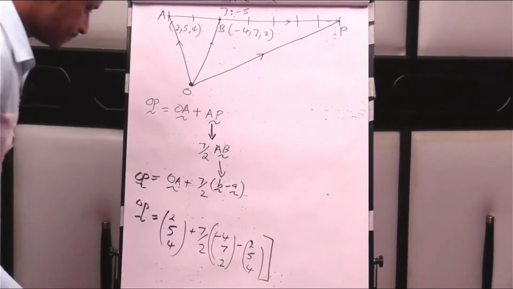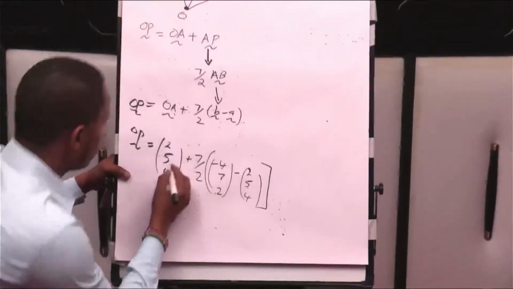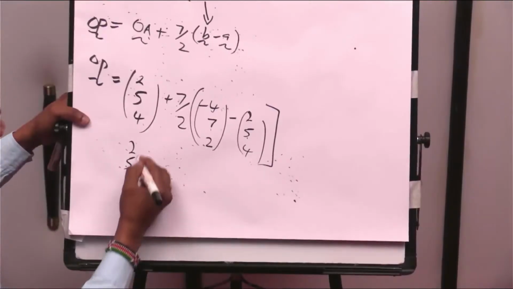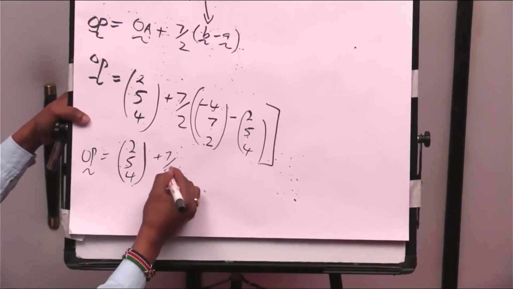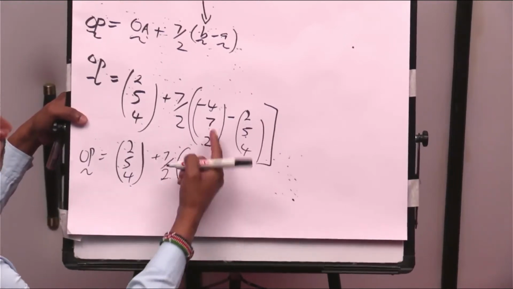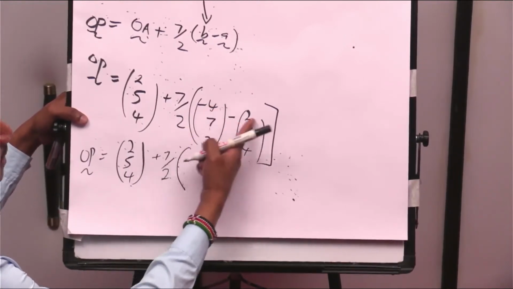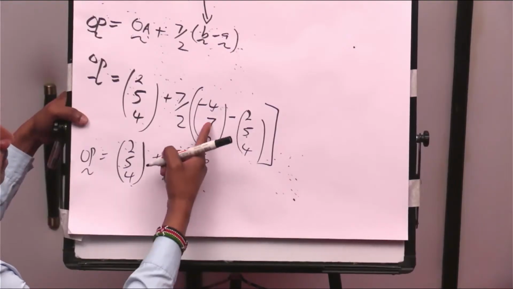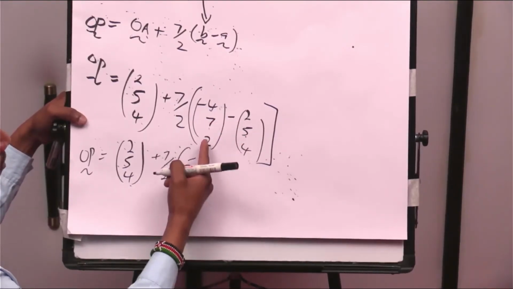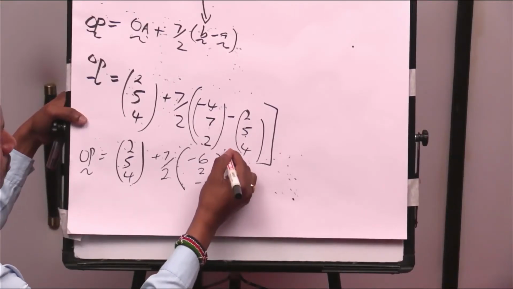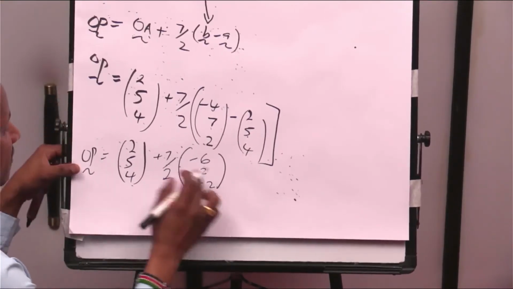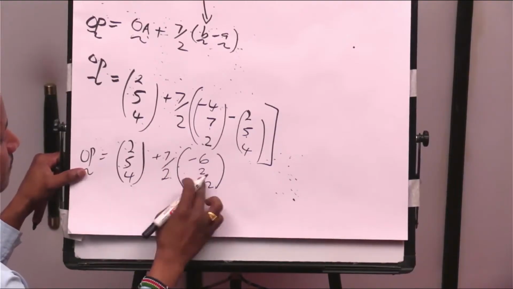From here, 2, 5, 4 plus 7 over 2, then solve what is inside here. Minus 4 minus 2 is minus 6. 7 minus 5 is 2. 2 minus 4 is minus 2. Then further solve it. Open the brackets.